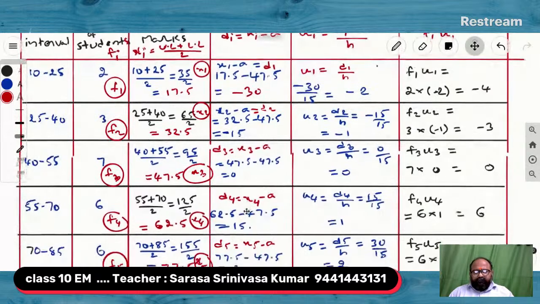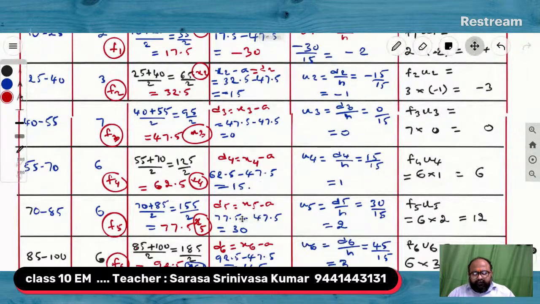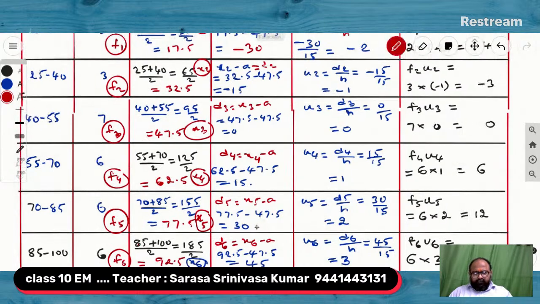Next D4. x4 is 62.5, assumed mean a is 47.5. 62.5 minus 47.5 is 15. So D4 is 15. Next we calculate D5. D5 equal to x5 minus a, that equals 77.5 minus 47.5. We get D5 equal to 30.